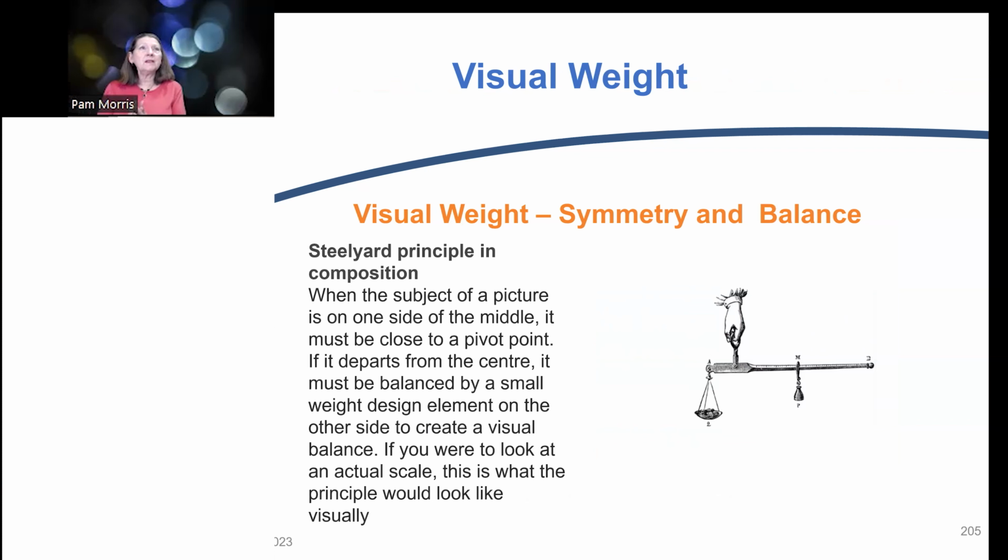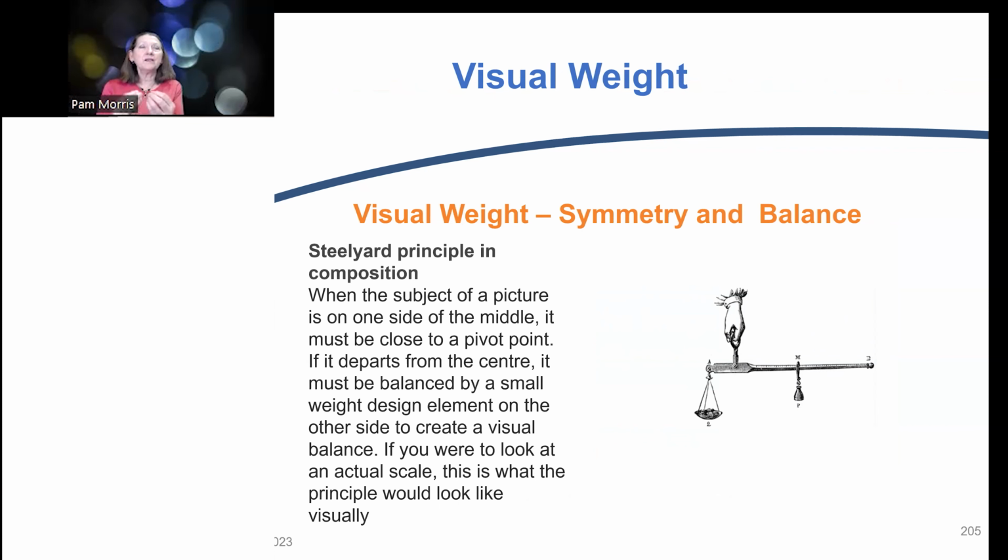So visual weight is, if you think about it, a bit like a beam balance. And your images, if you pin them on the wall, should stay there. They should be balanced from a visual weight perspective. And visual weight is not necessarily the same, based on the size of the object.